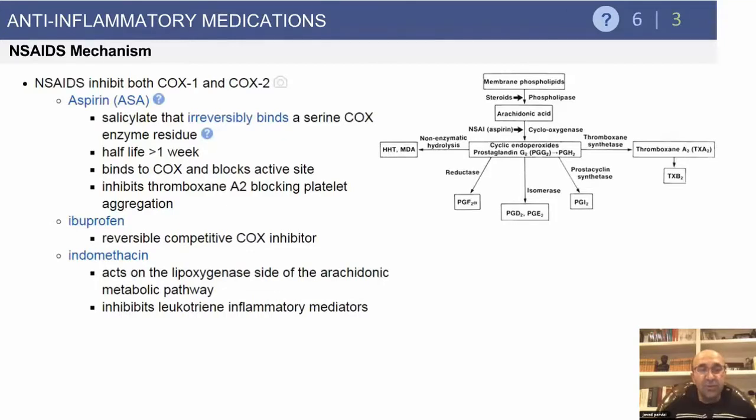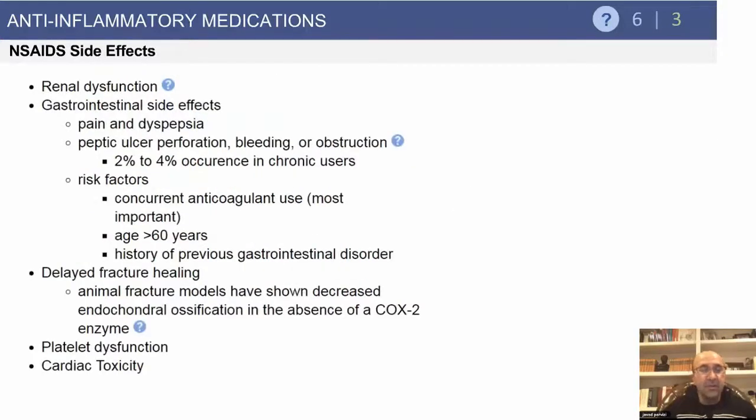Aspirin also works through the arachidonic acid. It irreversibly binds to the serine COX enzyme. And the other types of NSAIDs all work through that arachidonic acid pathway.